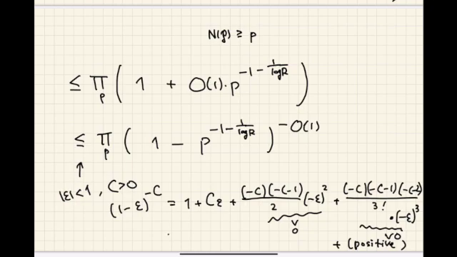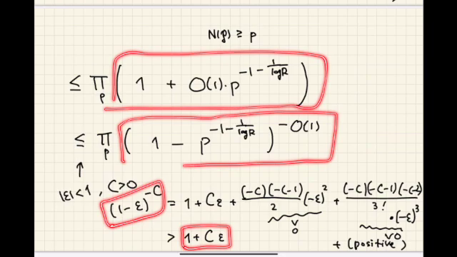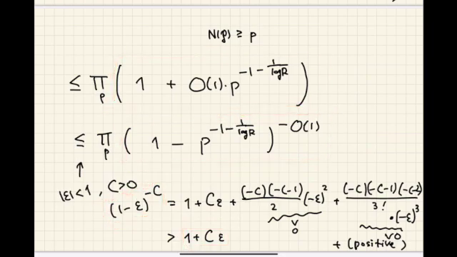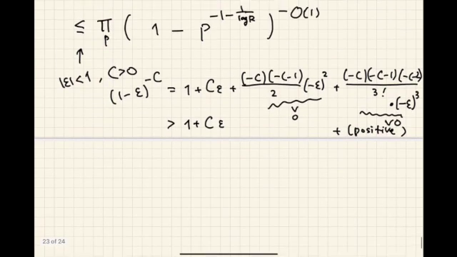Therefore this is larger than 1 plus c epsilon. So it follows that this is bounded from above by this thing. Yeah, a little tricky piece of computation.